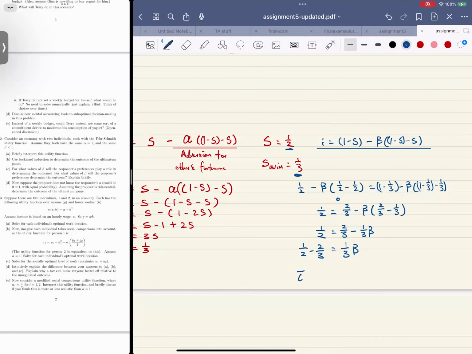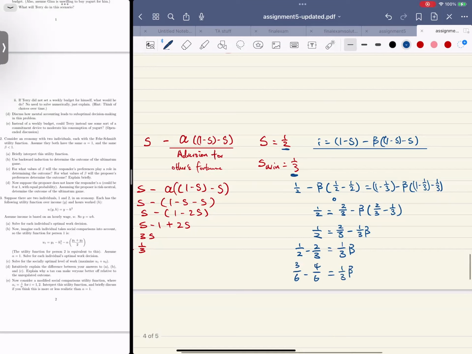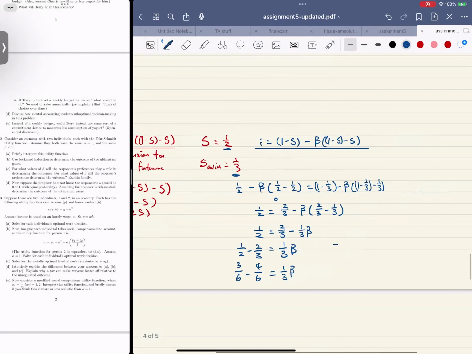So 4/6 minus 3/6 equals 1/3 beta. And then we'll have 1/6 equals 1/3 beta. And you will have beta equals 1/2.